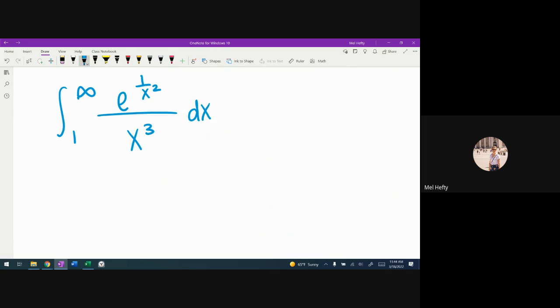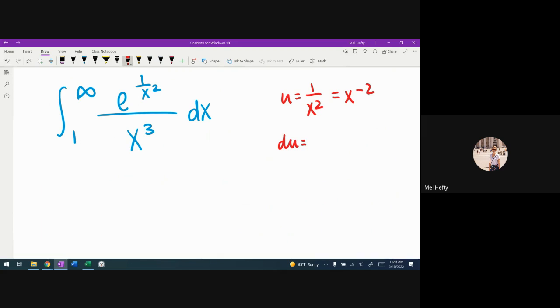Where's your function inside another function? You're surprised? Well, I was looking at it, I was like, I don't think it works.